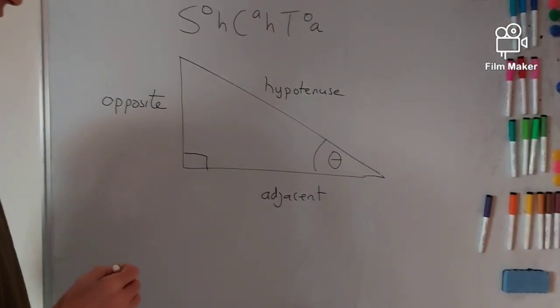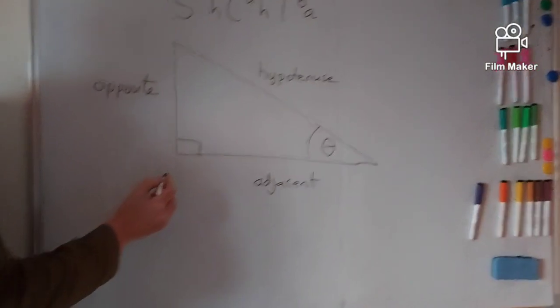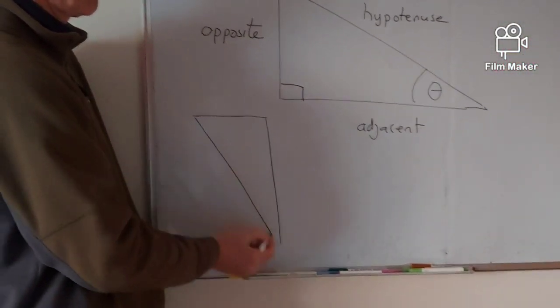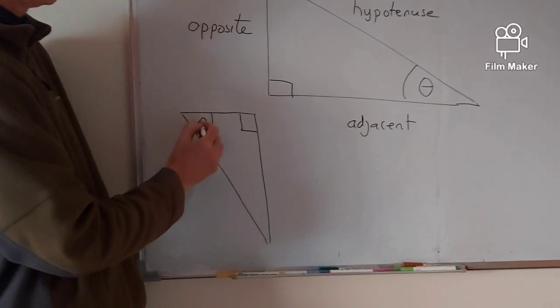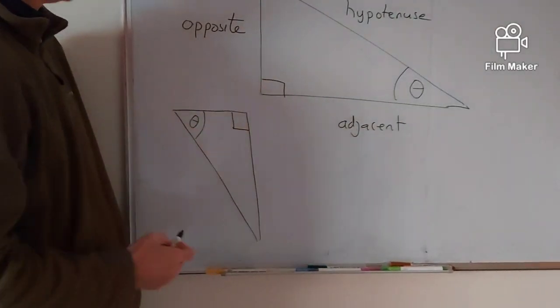Now, if the triangle is orientated in a different way, for example, like this, with the right angle here and the angle up here, we still use the same method to label it that we've done here.